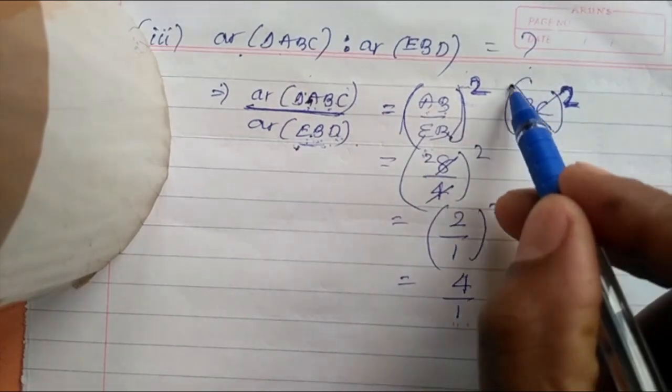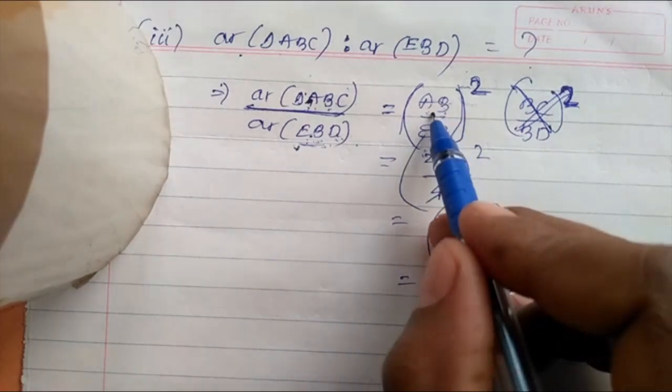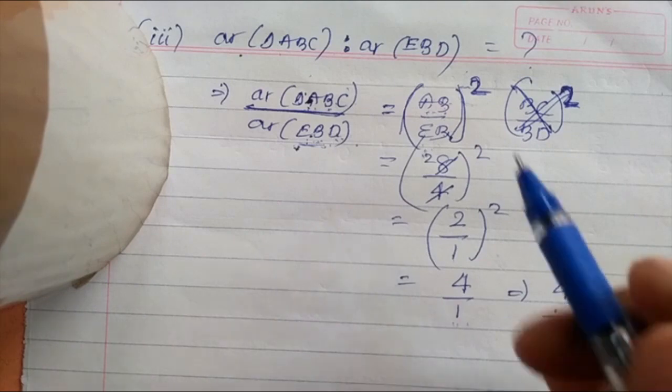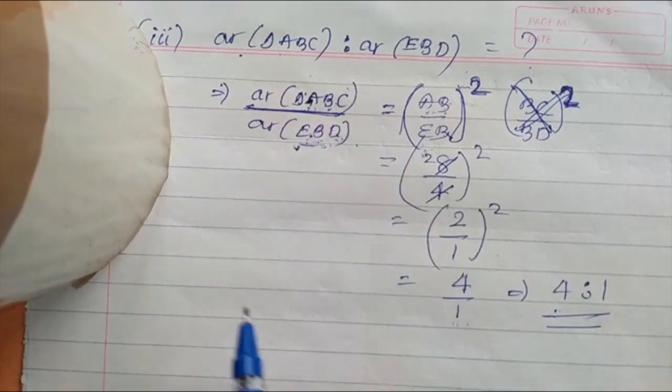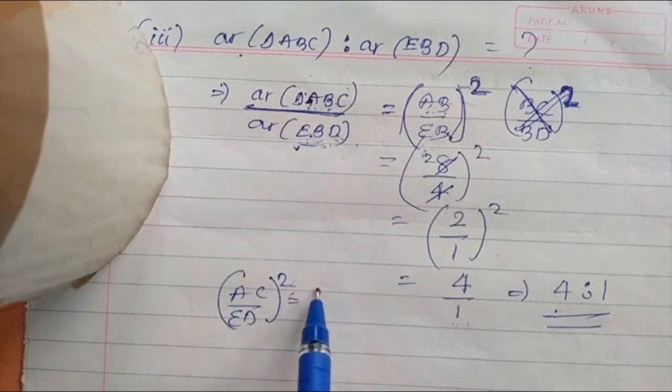Okay. So here the first two letters only working. So if first two, AB and EB lengths, are not given, what to do? You can change. First and last also you take. I'll show you. If you take first and last, AC by ED, go for whole square. Any two you take, but go for whole square. Look at AC length from the question. It is 6 centimeter.